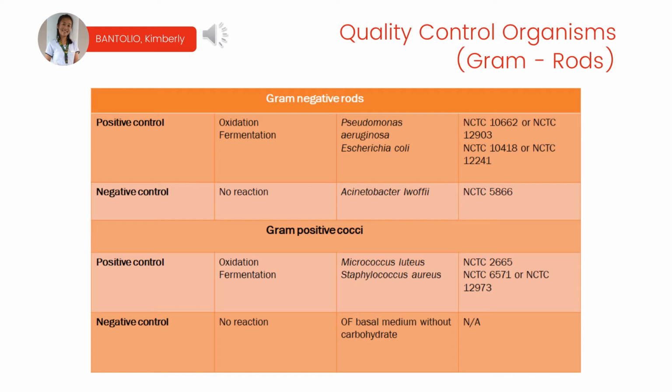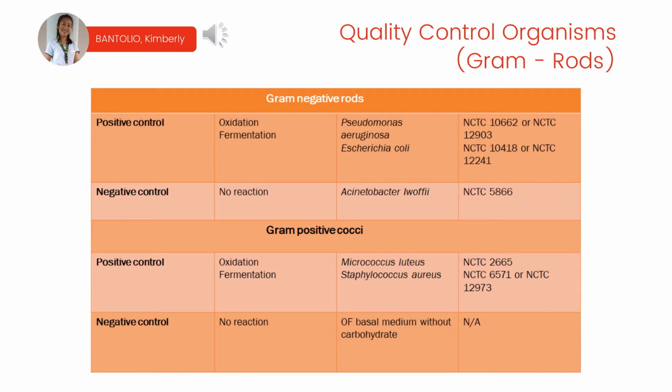For the gram-positive cocci, for the positive control in oxidation, the species of bacteria to be used is Micrococcus luteus, and the control organism is NCTC 2665.